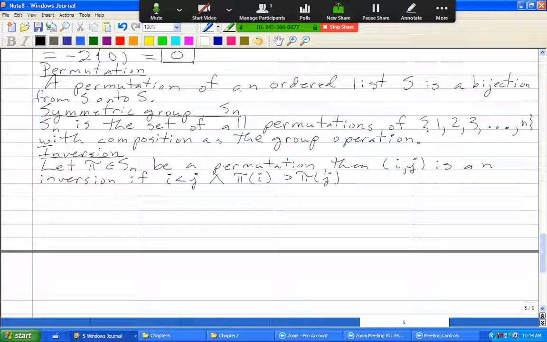So it's the number of times you reverse your numbers.